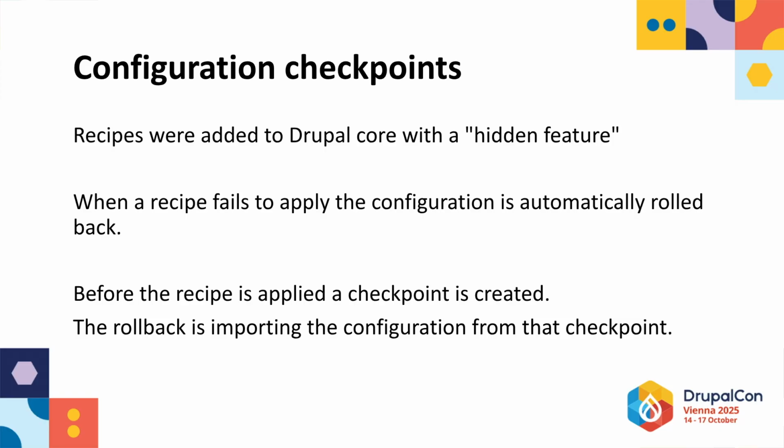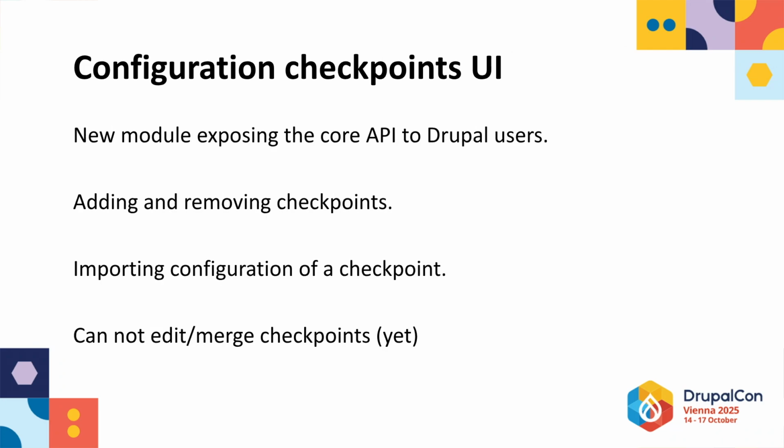And the recipes use the same classes, just with much more complicated logic behind it, but it's the same interfaces. And so I was like, well, that doesn't need to be a hidden feature. We can make a UI module.